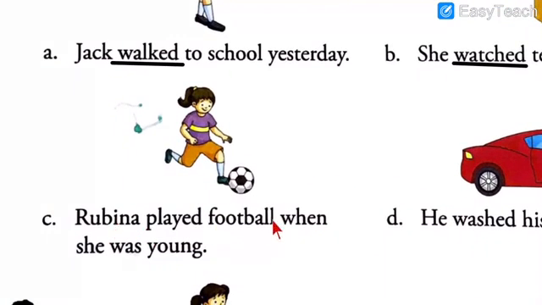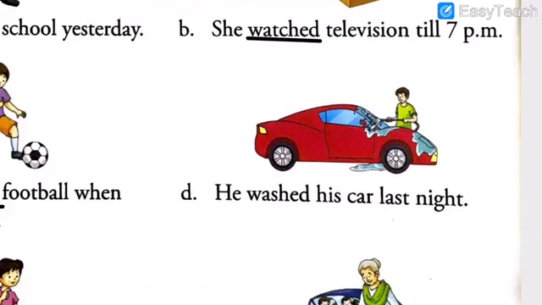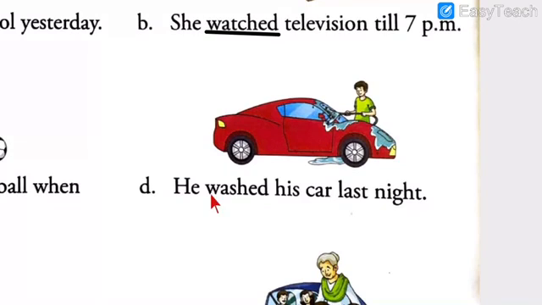Rubina played football when she was young. What did she play? Football. So, played. He washed his car last night. Now, what did he do last night? Washed. Washed his car.